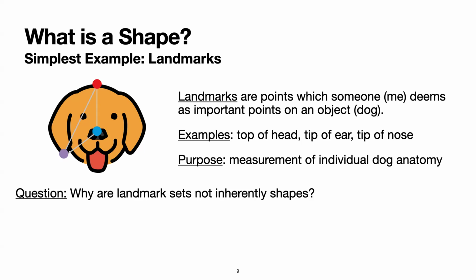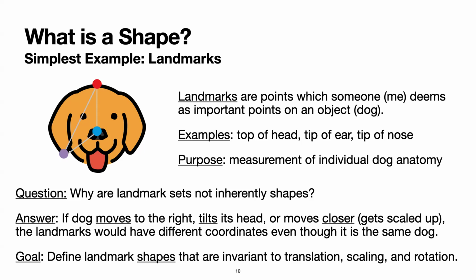Not quite. So thinking back to the other slide, if the dog moves to the right, tilts its head, or moves closer, like gets scaled up, the landmarks would have different coordinates, even though it's the same dog.